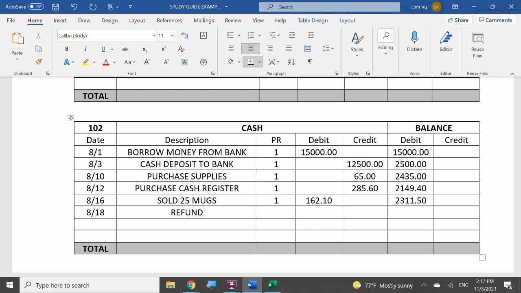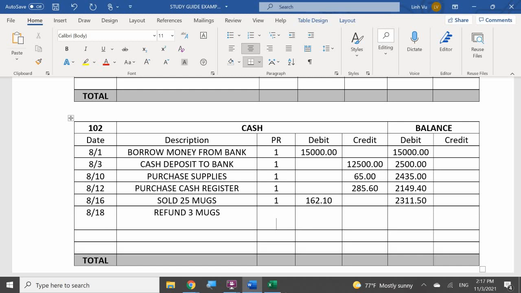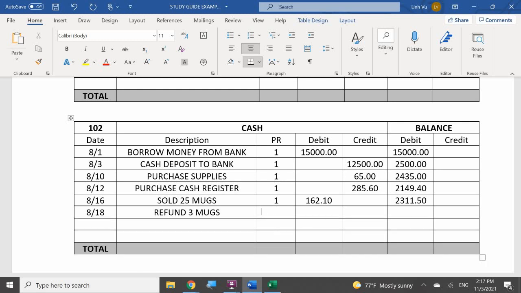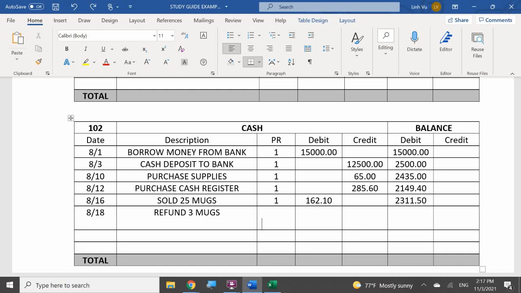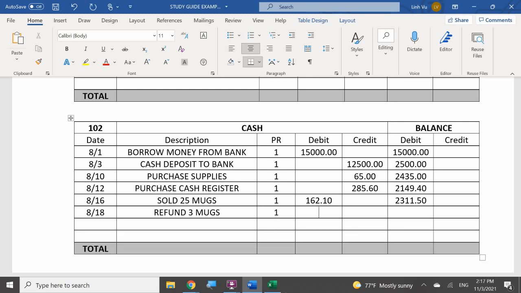So we refund 3 coffee mugs, and the credit, 19.45.